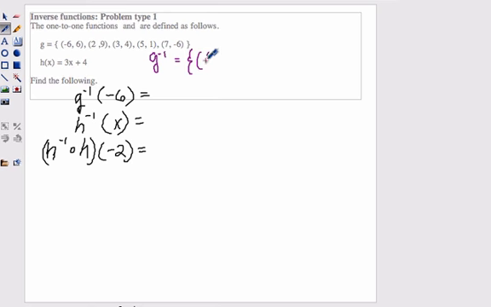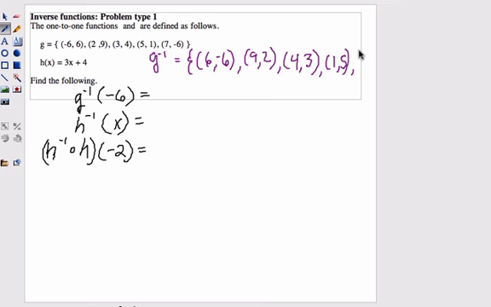So I'm going to get 6 and negative 6, 9 and 2, 4 and 3, 1 and 5, and negative 6 and 7. Running out of a little room there again. Sorry about that. Whoops, and I actually need that number right there. So when I input a negative 6, I get a 7 back.